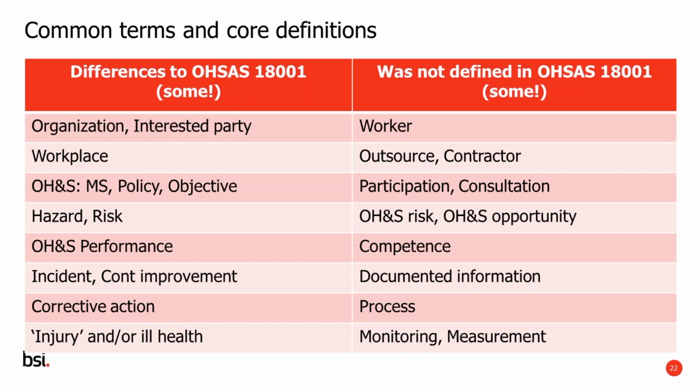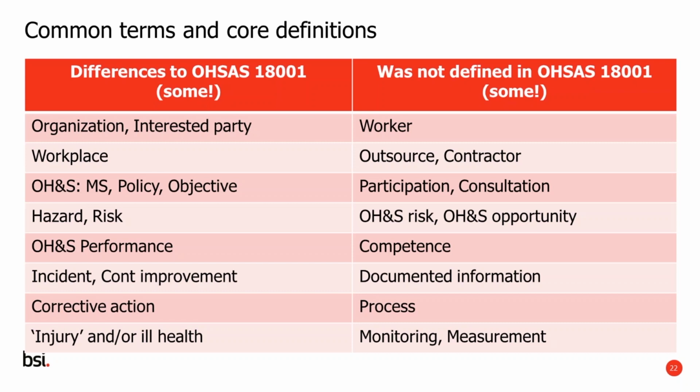That leads into the level of detail of how much you need to involve the workers and what to involve them in when making decisions. Participation is involvement in decision making, whereas consultation is seeking views before you make a decision. There's a lot of difference in that, and there's a whole list in 5.4 of what you need to demonstrate workers have participated in, and what you've consulted them on.